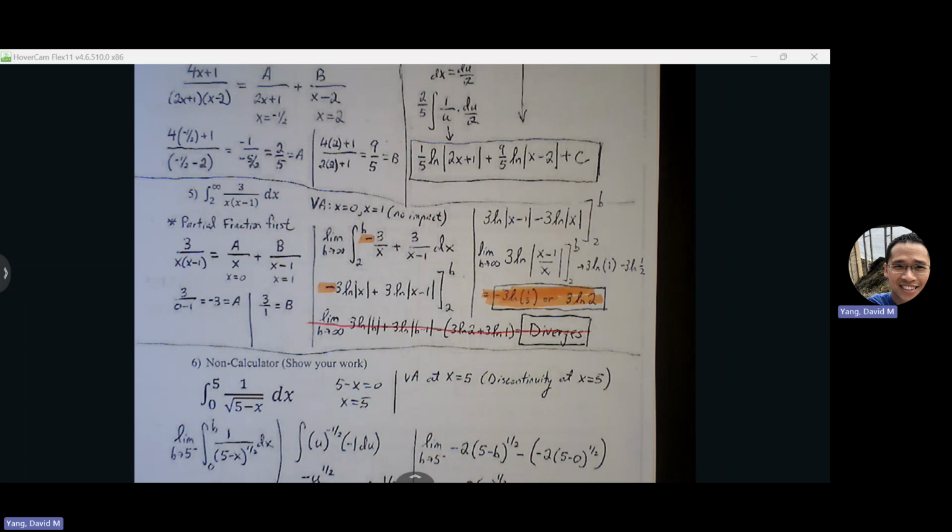So this fits into partial fraction decomposition, because my denominator is factorable and has a higher degree than my numerator. So the way I use partial fractions is: 3 over x times x minus 1 equals, we want to split this expression into A over x plus B over x minus 1.